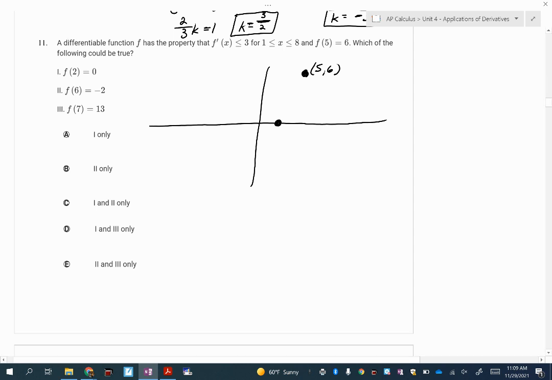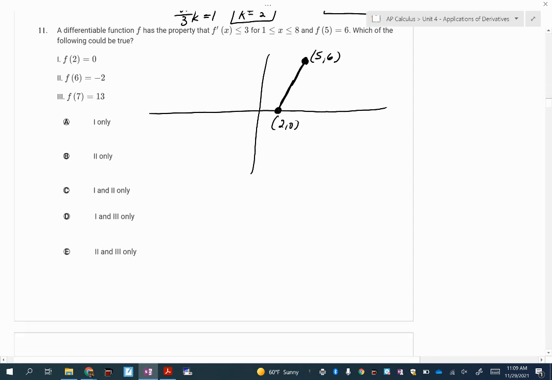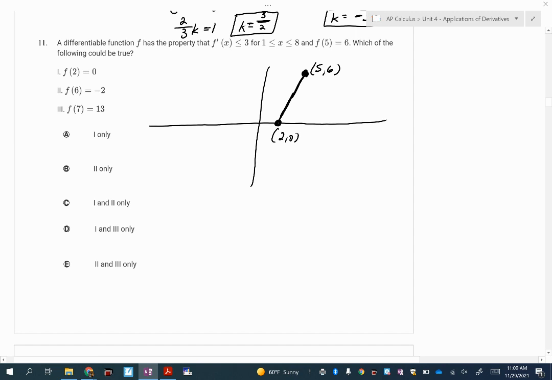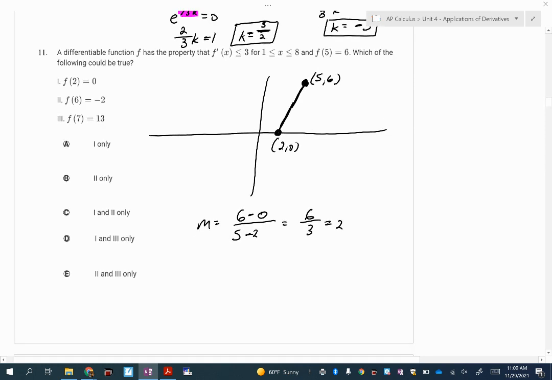And we can do that by finding the slope of that line, because that would be the slope of our derivative there. So if I find the slope there, that first one is going to be 6 minus 0 over 5 minus 2, just 6 divided by 3. The slope is 2. Is that slope less than or equal to 3? It is. So 1 works.